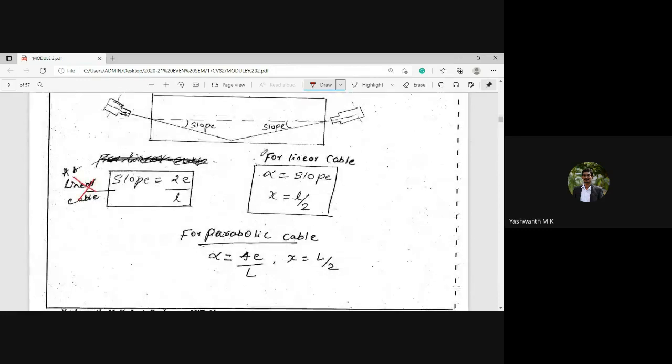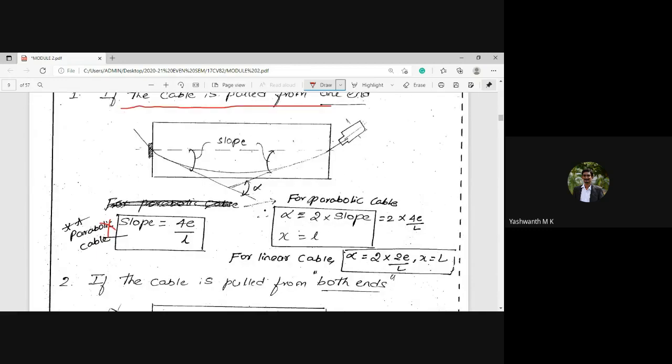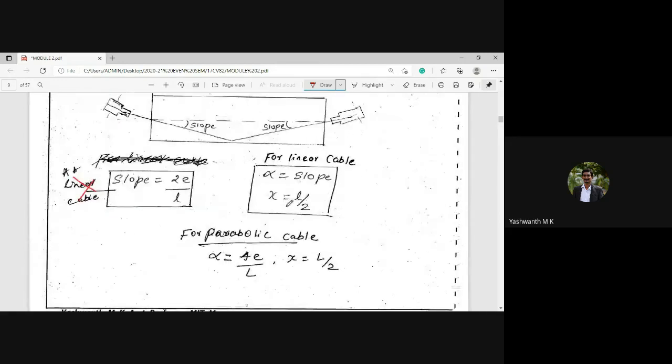Next, for a linear cable, alpha is equal to the slope, which is alpha equal to 2e by L, and x is equal to L by 2. For a parabolic cable, alpha is equal to 4e by L, and the x distance is L by 2. In the previous case it was twice the slope, and in this case it is just the slope.